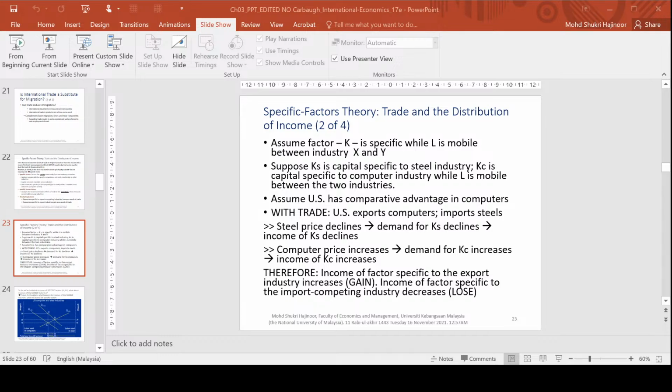Does trade make the poor even poorer? So just now we understood the different impacts. Trade will lead to higher income inequality between the skilled versus the unskilled.